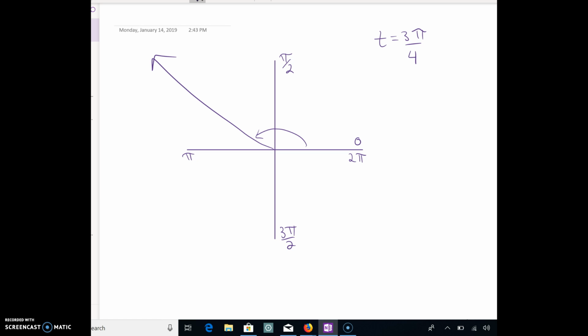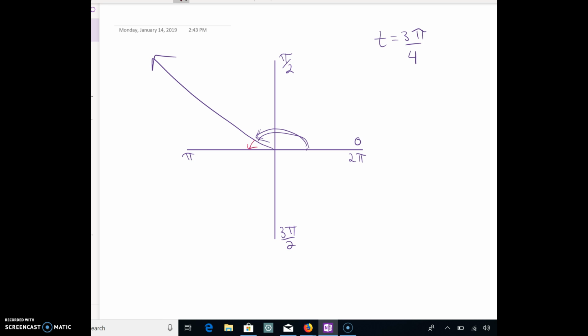Now, after we're done sketching the angle, we want to find the angle's reference angle. So let's discuss what the reference angle is that goes hand in hand with 3 pi over 4. So 3 pi over 4 takes us from here to here. And remember, the reference angle is the shortest distance to get back to the x-axis. Hopefully you can see that it's this little piece right here.